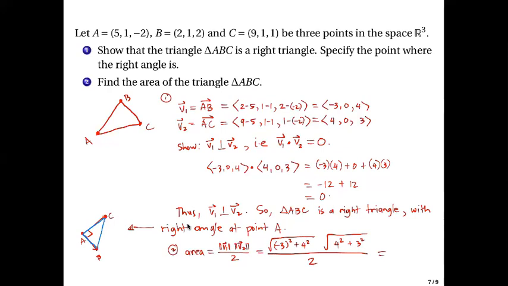But in any case, you just have here 9 plus 16. In here, you also have 9 plus 16. So you actually have square root of 25 times square root of 25 over 2. Or simply, this is 25 over 2. So that is the area of this triangle here.